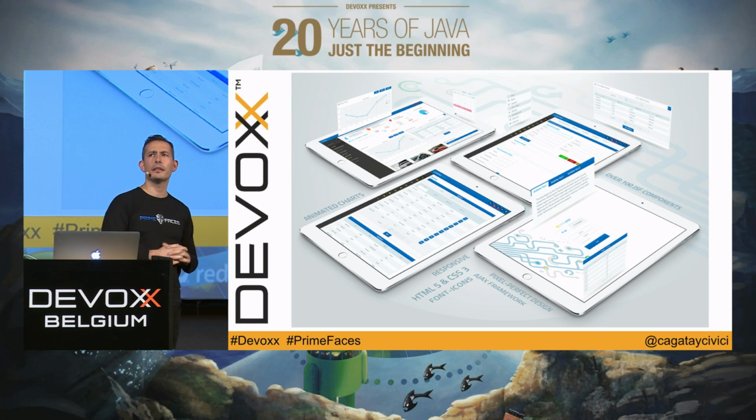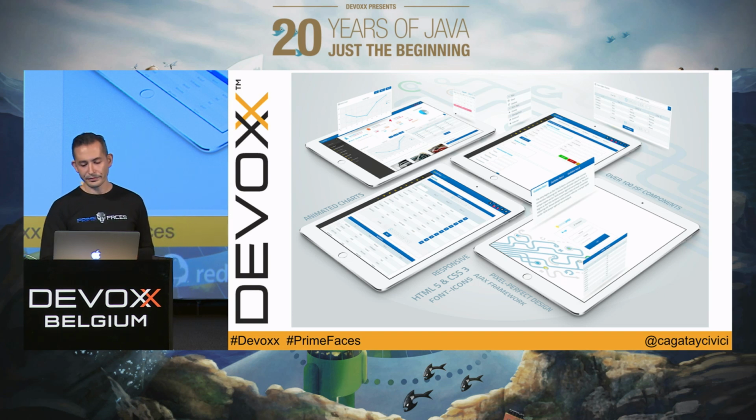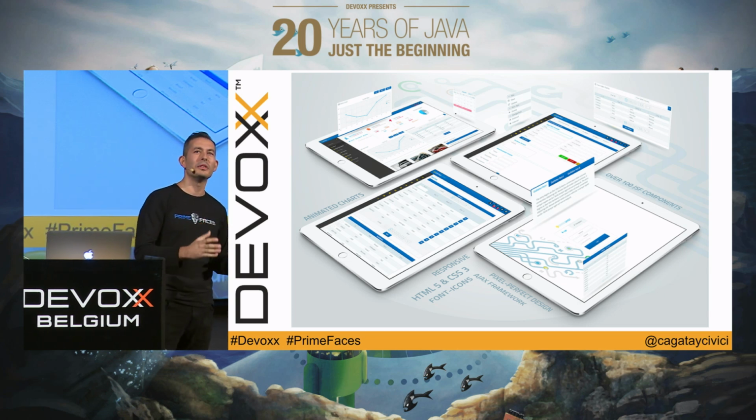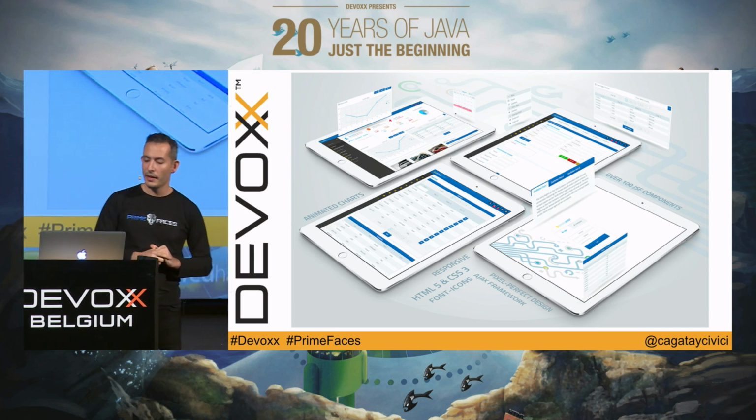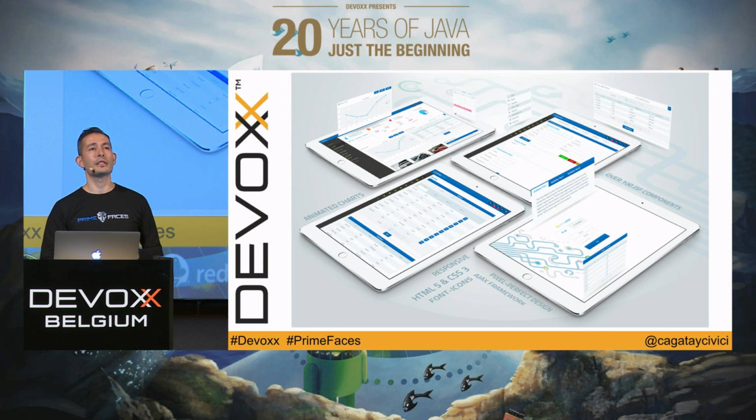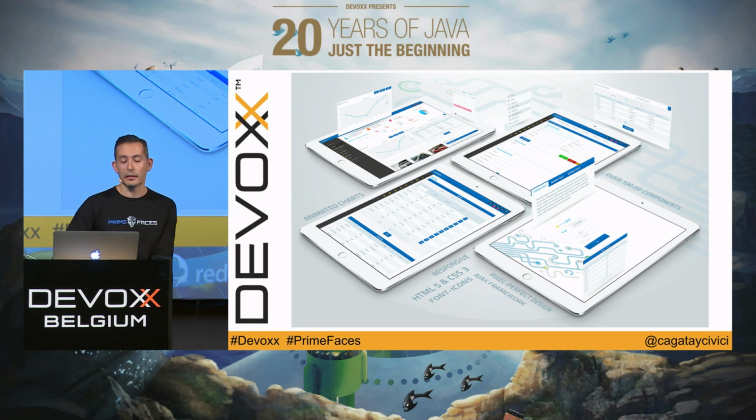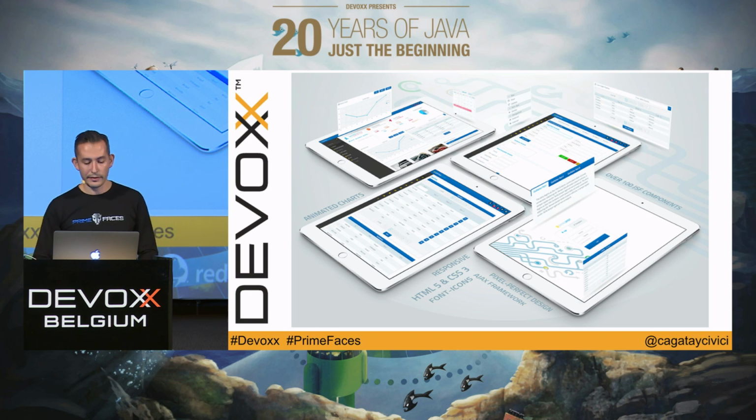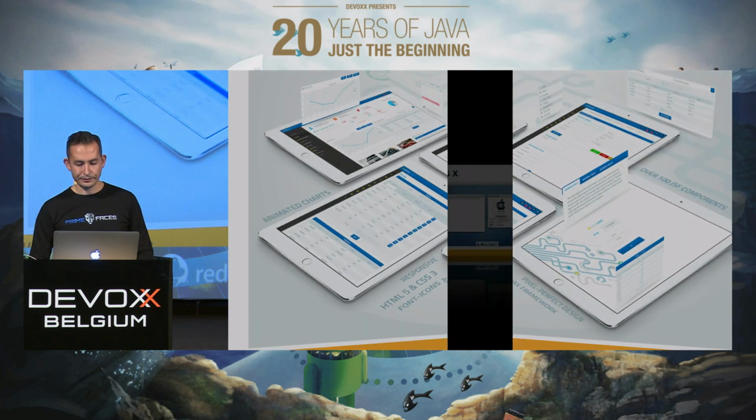There are more than 100 components. But probably in a regular project, you would need around maybe 50 of them. Some projects require charts, some projects require a signature component, and so on. And we are lately using the latest underlying technologies like CSS3 and HTML5, and so on.